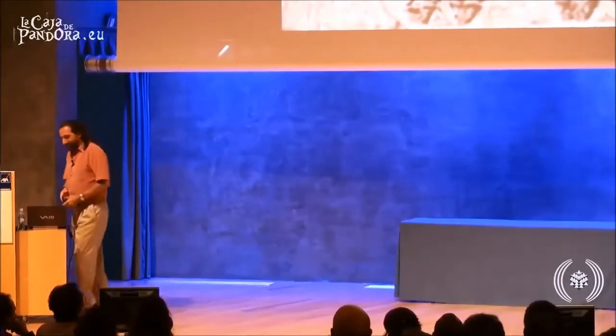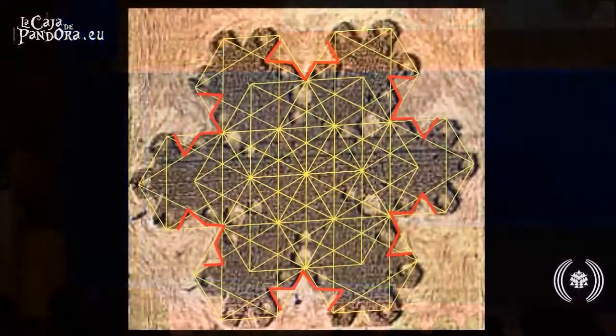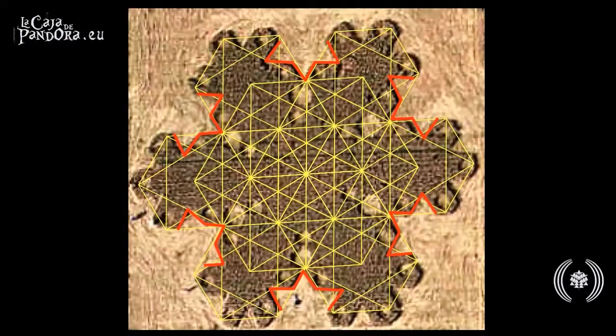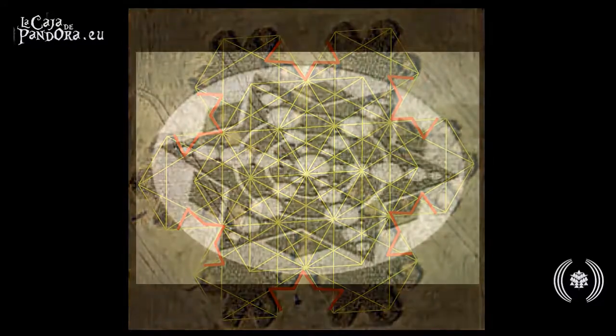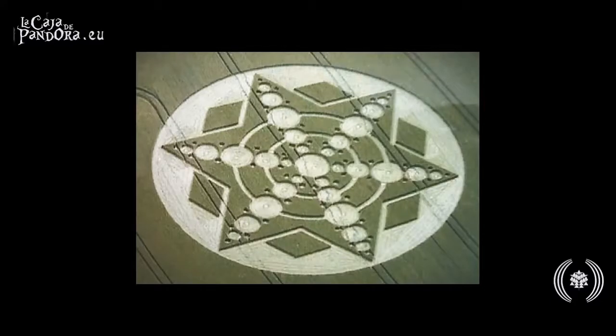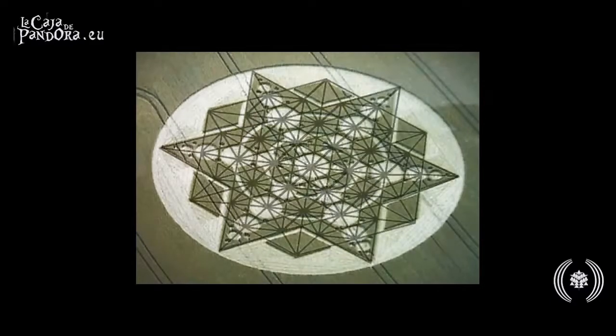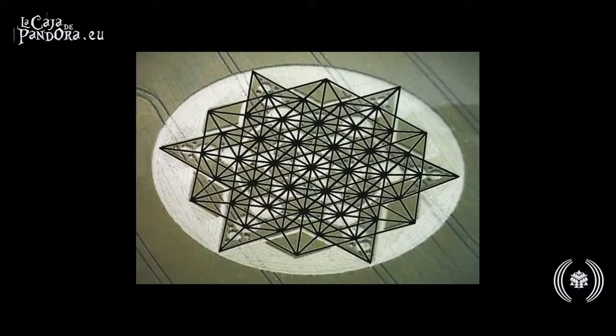And it happens as well that if you put the octahedron structure on top of this, it matches nicely. And then other crop circles occurred. Look at that. That's a perfect 64 tetrahedron grid. You'd think they're trying to tell us something.